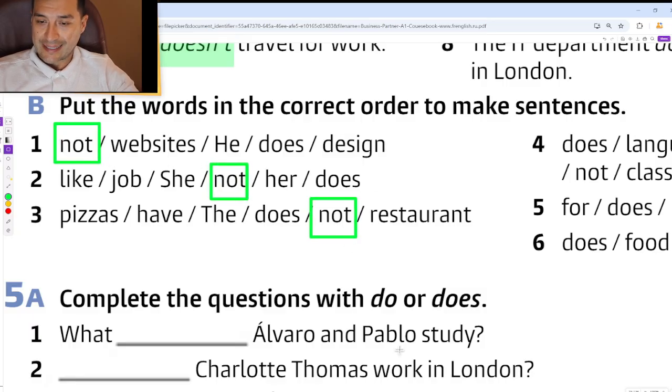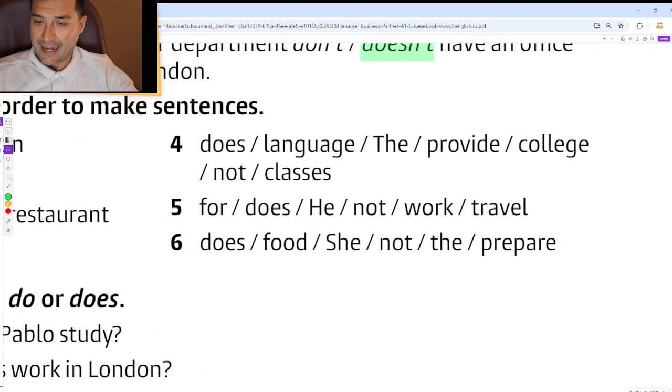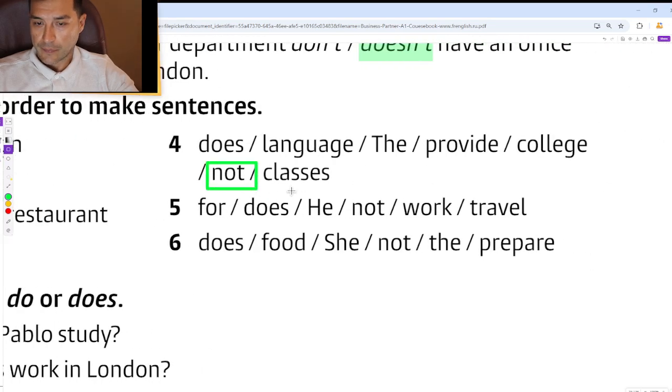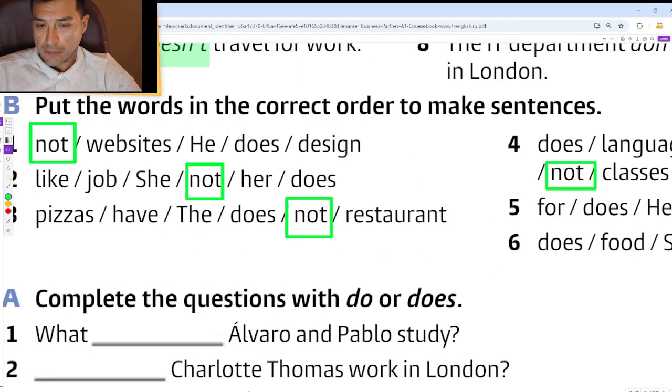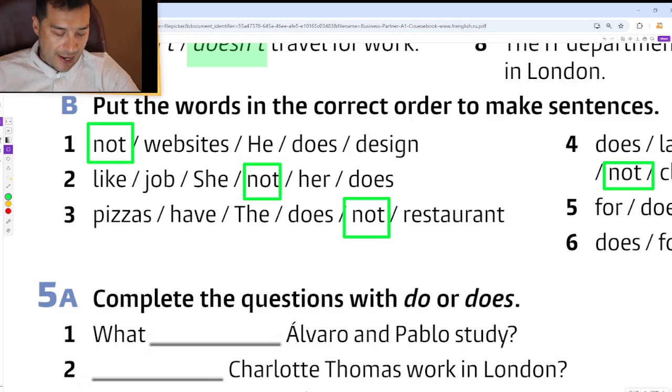Today's practice is negative. I see the negative part in our examples. Okay, we have 6 questions. Let's get started. Number 1, we have to put everything in the correct order.